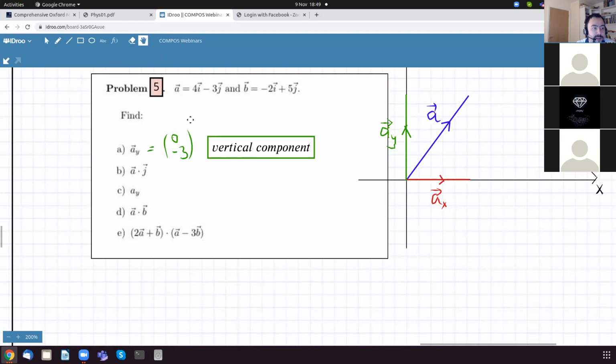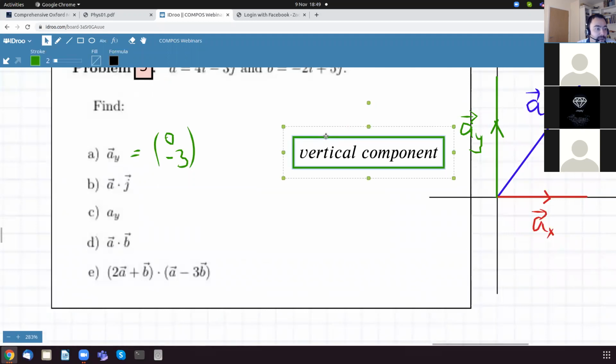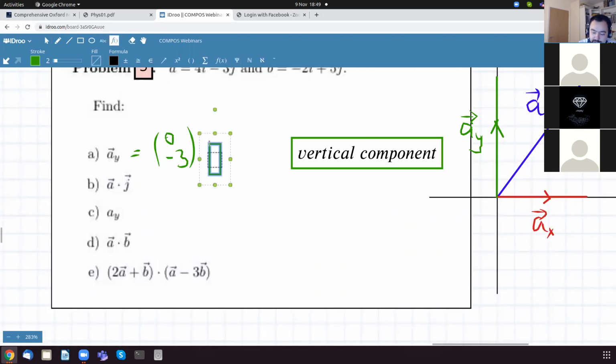You can use vectors as you like them. This is the vertical component, which is the same as minus 3j. Well, technically it is a vector, minus 3j.